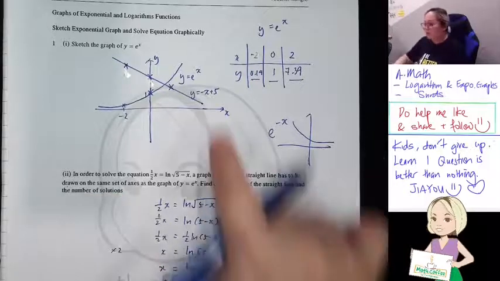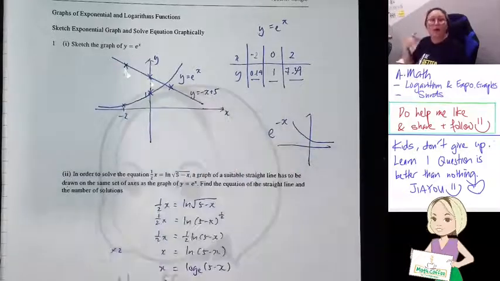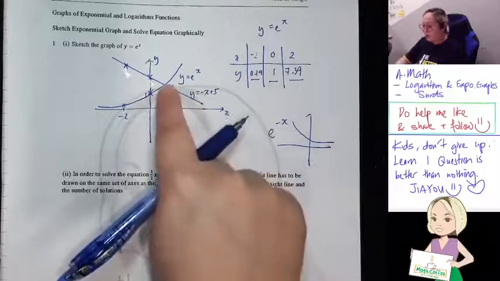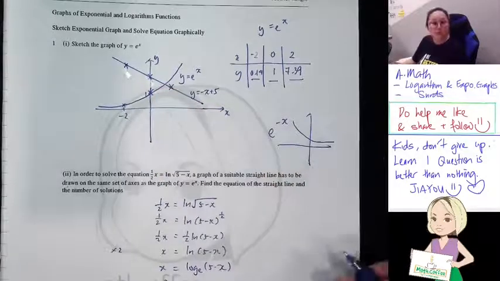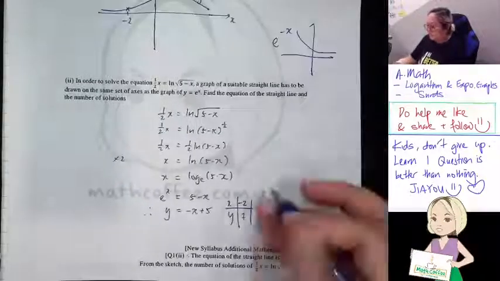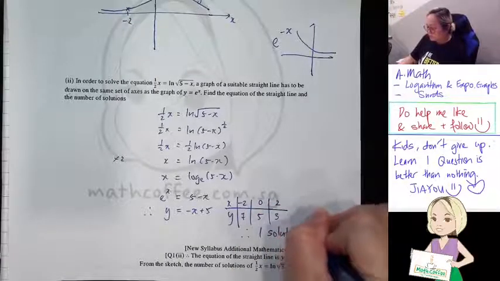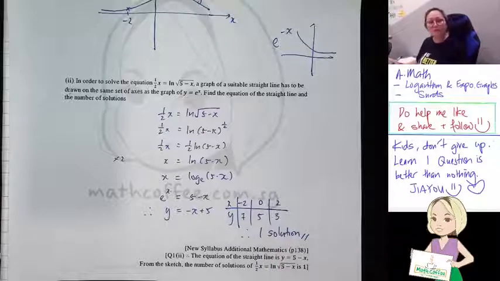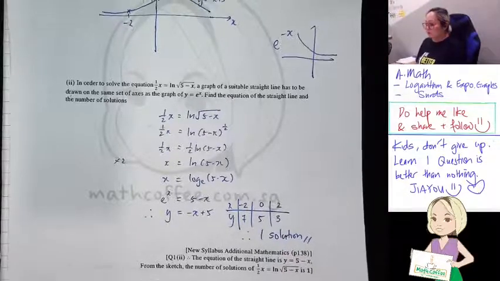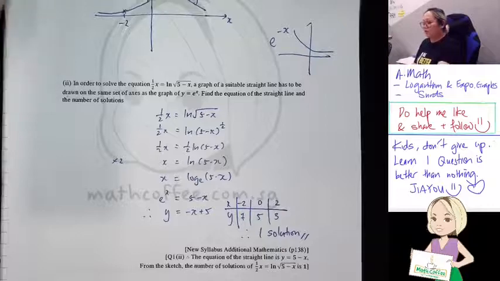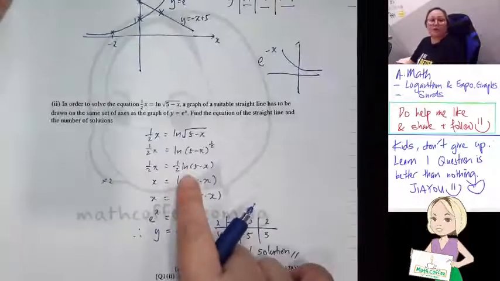So all you need to do is look at the curve and the line and see how many intersection points there are. There's only one intersection point, so you will just say that, therefore, one solution. That's all.